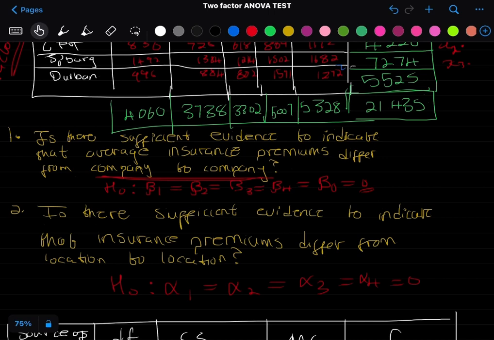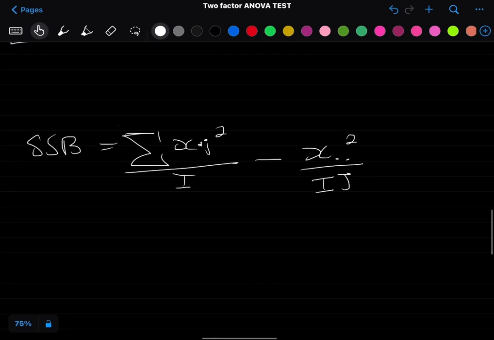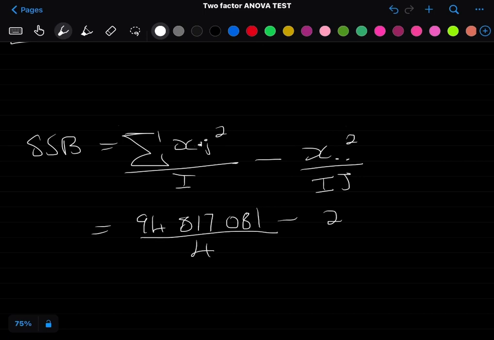And this is equals to 817,081. Divide by 4, and then the correction factor is still the same.